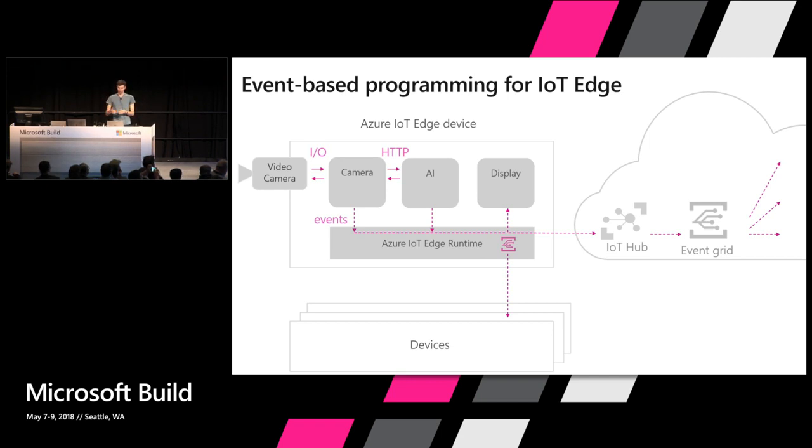The monitor can also receive this event and display all the plates being let into this parking lot. And of course, with this consistency with the cloud, you can use all the integrations that Event Grid already has. So you can push those events to Logic Apps, to Azure Functions, and to any of the services that have webhooks, so a lot of them.